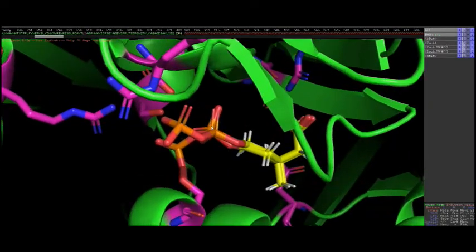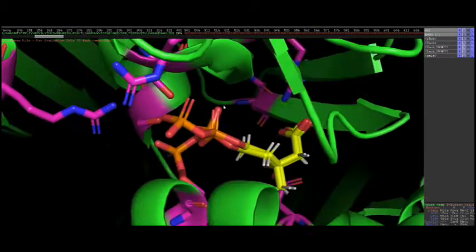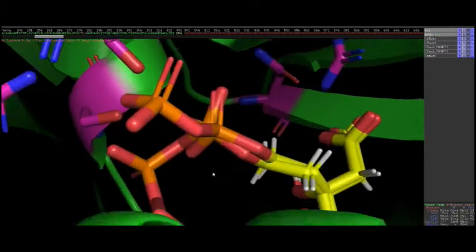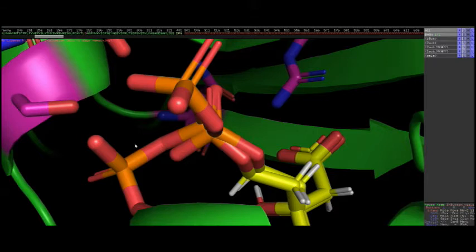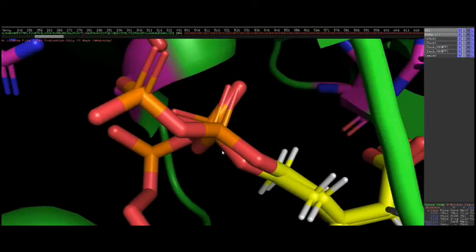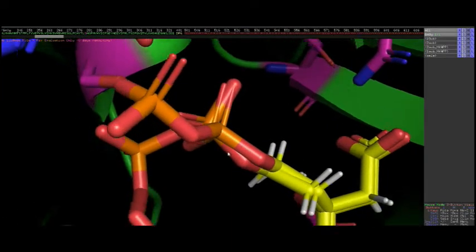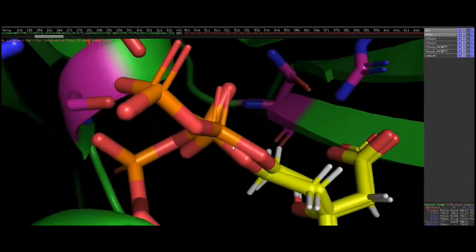on the substrate here, which is the mevalonate pyrophosphate. You can see here, and it shows it in 2 different conformations. That's why we see 2 molecules here superimposed on each other.